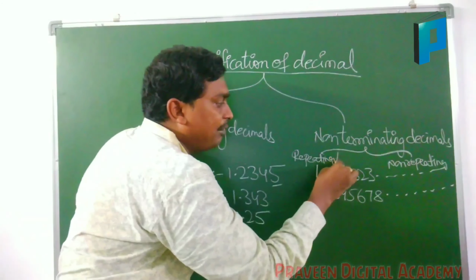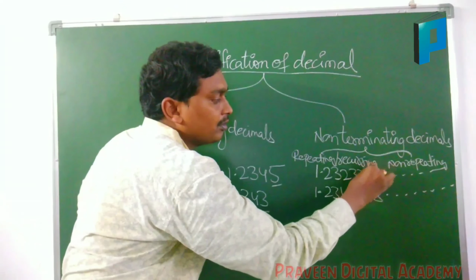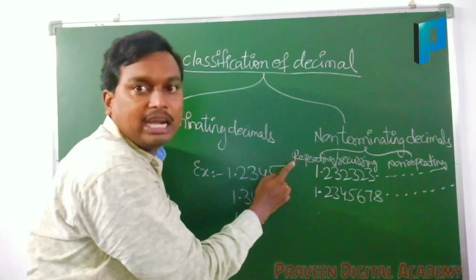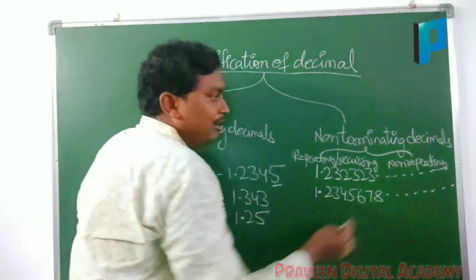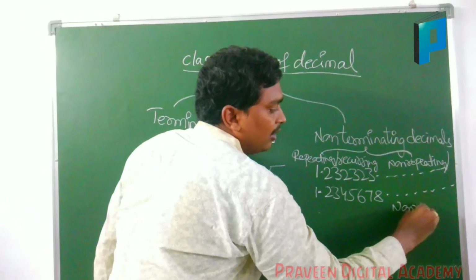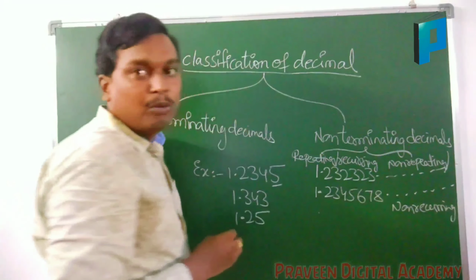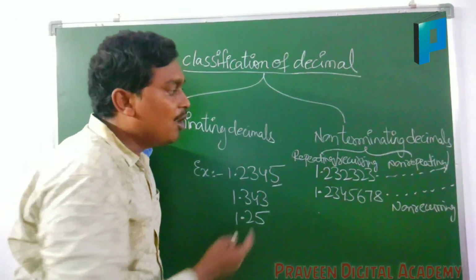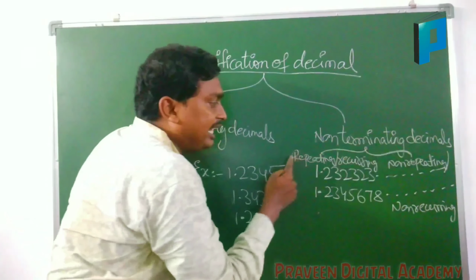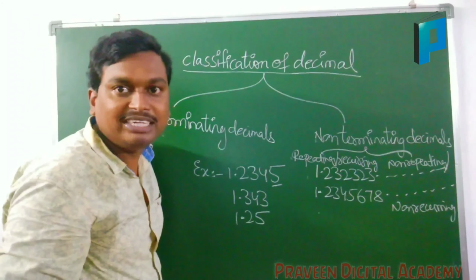Here repeating can also be called recurring. Recurring or repeating, both are the same. Non-repeating or non-recurring, both are the same. Now we will see what a non-terminating repeating decimal, or non-terminating recurring decimal, is.